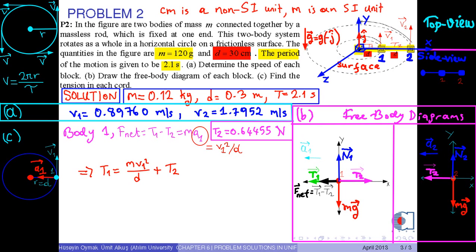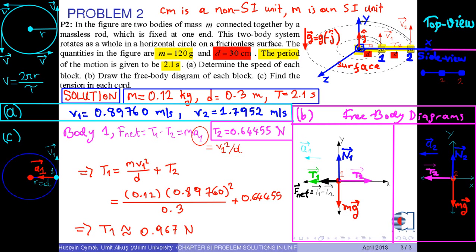With the numerical figures, 0.12 kilograms times 0.89760 squared over 0.3 meters plus 0.64455 newtons. As a result, we obtain approximately 0.967 newtons.